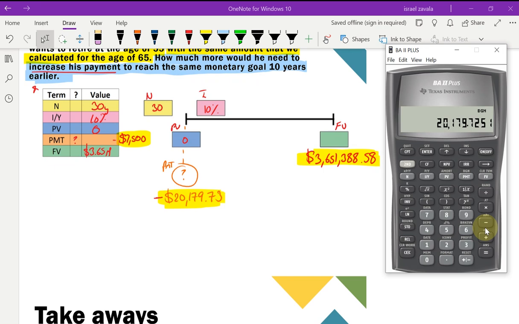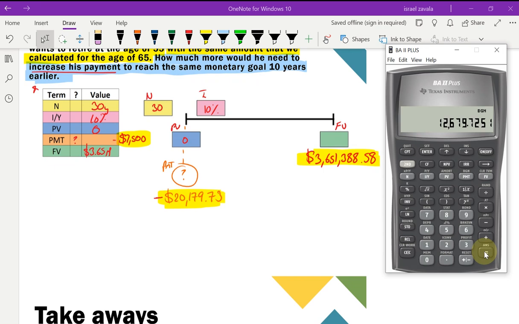The signs don't really matter. So I'm going to subtract the 7,500 that we were paying originally. Oh, what happened? Let me go back. Compute payment. Okay, and then I'm going to subtract 7,500. This is the amount we would need to increase our payment by in order to reach the same goal 10 years earlier.